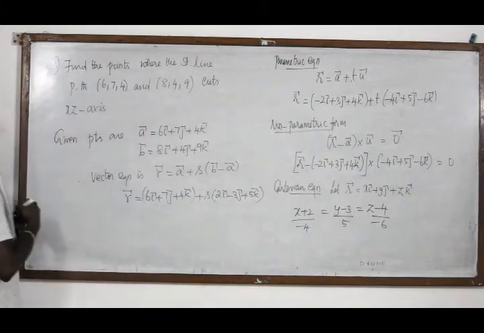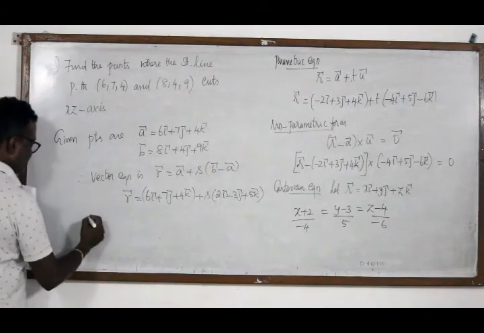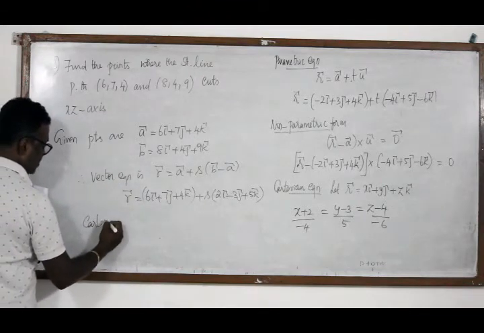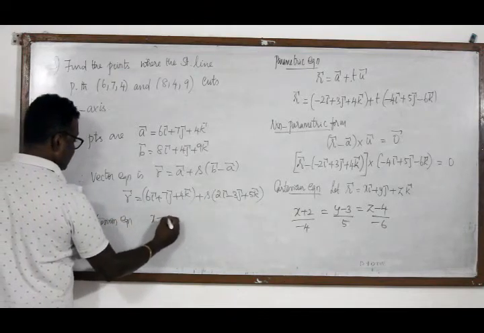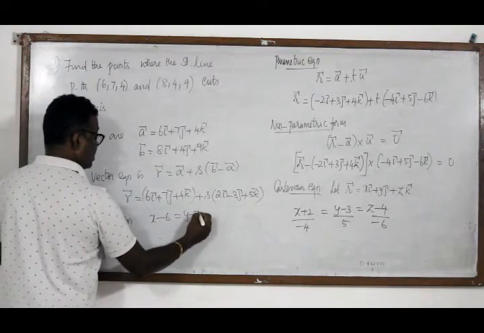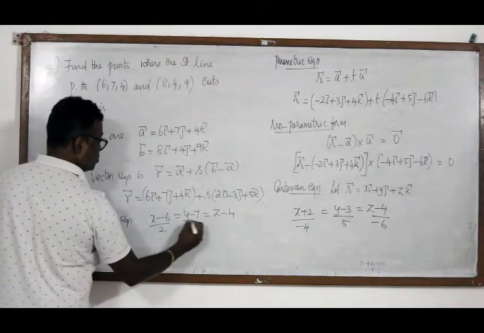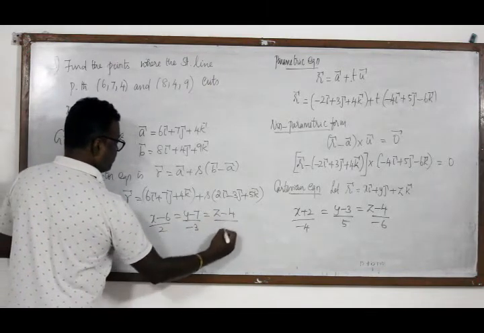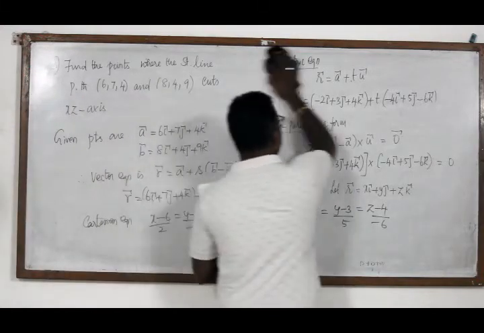Since they are not asking for the equation of the line, only the points, shall I write the Cartesian form straightaway? The Cartesian equation is x minus 6 by 2, y minus 7 by minus 3, z minus 4 by 5. So, this is the equation of the line.